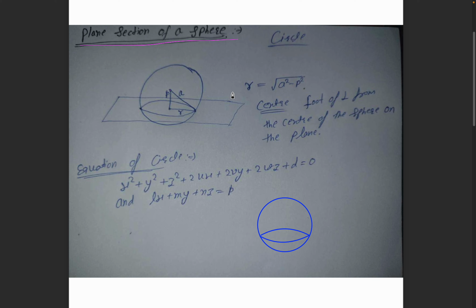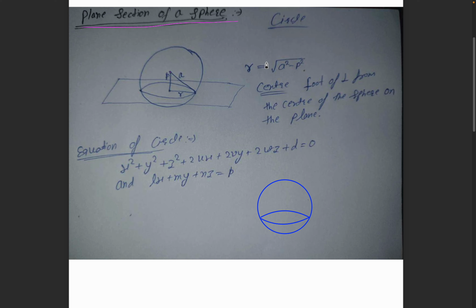If we want to find the equation of this circle, we can find it if we know the radius of the circle and the center of the circle.